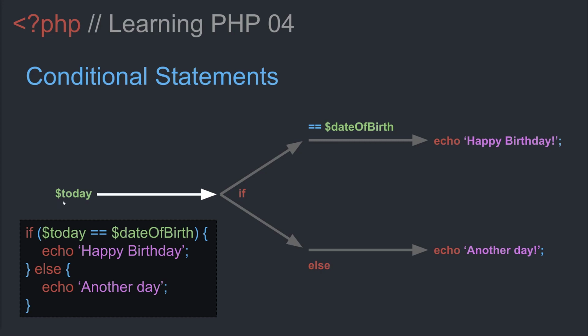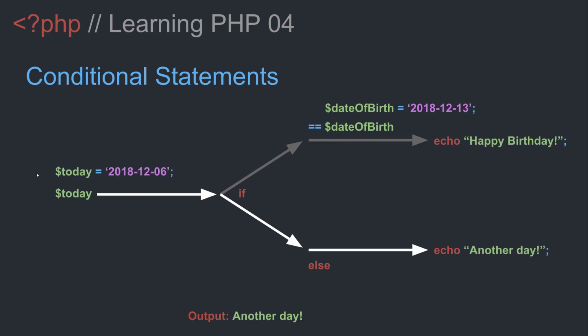So today is coming in, and it's first going to hit the if statement, and then it's going to decide from there: if the date is equal to the date of birth, have the positive outcome, else have the negative outcome. So in the context of a negative outcome, we have today equaling 2018 December 06.